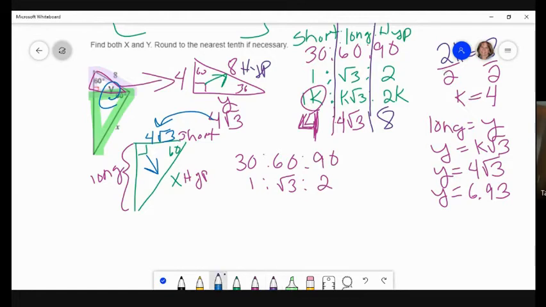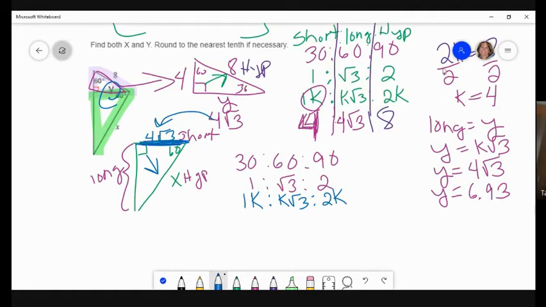All right, so our formula is taking that ratio: 1 times k, k times the square root of 3, and 2k. You'll notice that our formula is basically just the ratio with the variable stuck next to it. But again, we found in our previous problem the short leg.